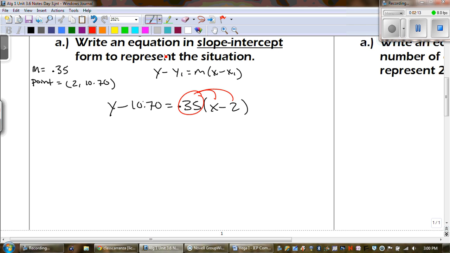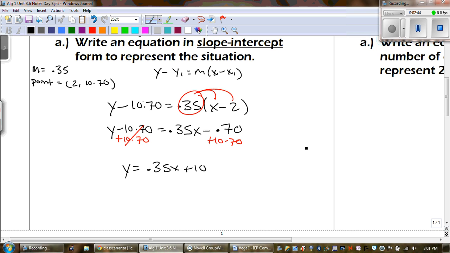So we need to distribute, and we get y minus 10.70 equals 0.35x minus 2 times 0.35 is 0.7, but I know we're talking about money, so I'm going to keep that second decimal. Okay, to solve for y, we have to add the 10.70 to both sides, and then we get our equation of y equals 0.35x plus 10.